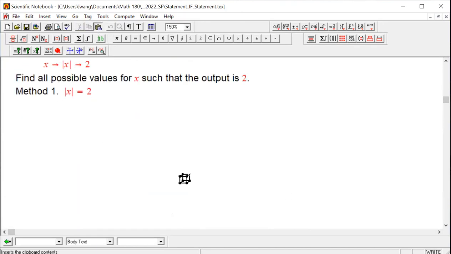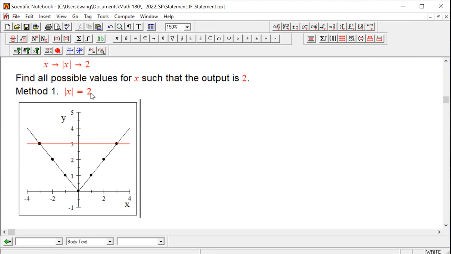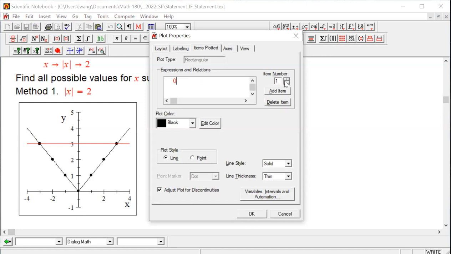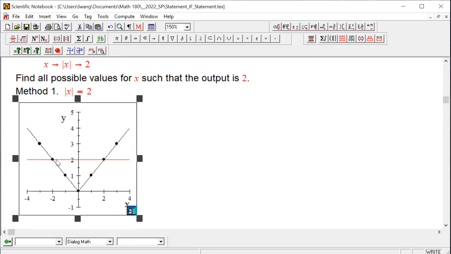So I'm going to borrow that graph, and this time, we know the output is 2, so I'm drawing the horizontal line y equals 2. And there are 2 crossings, and from the 2 crossings, I know there are 2 points on the curve.